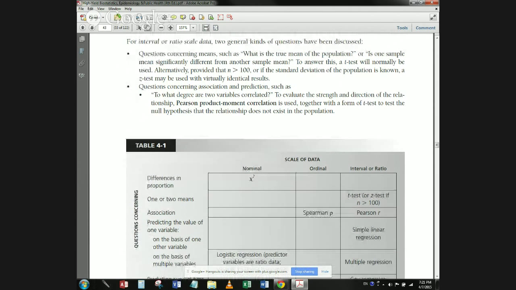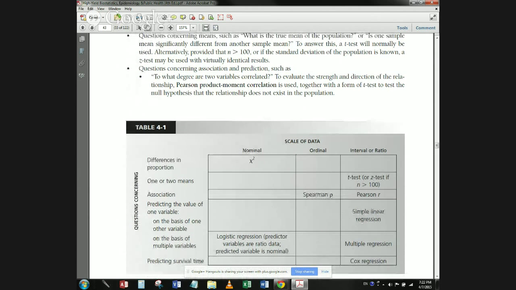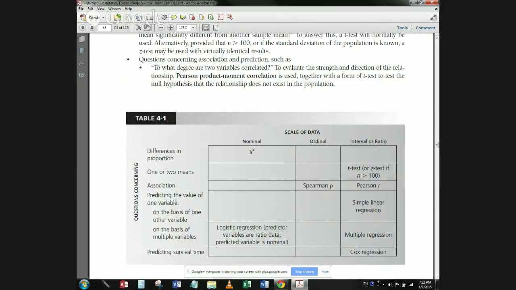For interval or ratio scale data, two general kinds of questions have been discussed. Questions concerning means, such as what is the true mean of the population, or is one sample mean significantly different from another sample mean? To answer this, a t-test will normally be used, alternatively provided that n is greater than 100, or if the standard deviation of the population is known, a z-test may be used with virtually identical results.